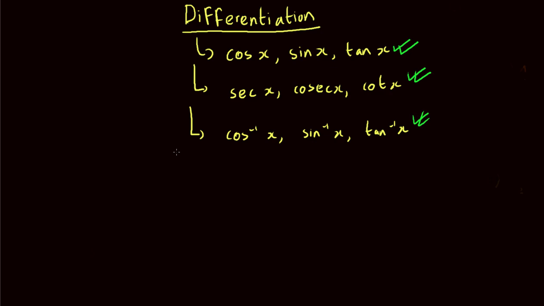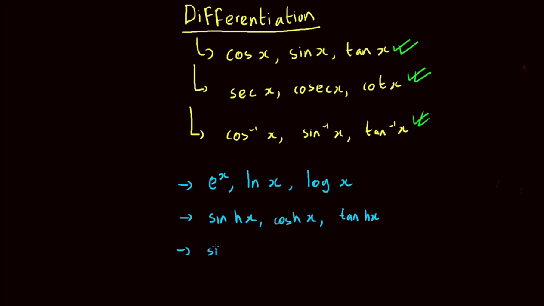And now for today, we're going to talk about how to differentiate exponential functions, the natural log, so the ln of x, as well as the log to the base 10 of x. We're also going to talk about the hyperbolic functions, such as sine hyperbolic x, cosine hyperbolic x, and tangent hyperbolic x, as well as the inverses. So it would be sine inverse hyperbolic x, that's what I meant to say, my bad.